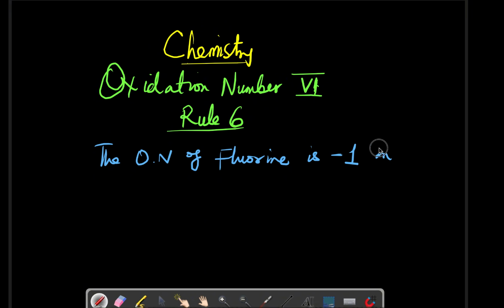This happens in all compounds, no exception, in all compounds. Just know that the oxidation number of fluorine is -1. This will help you as a quick hack to quickly answer questions in exams without any stress.